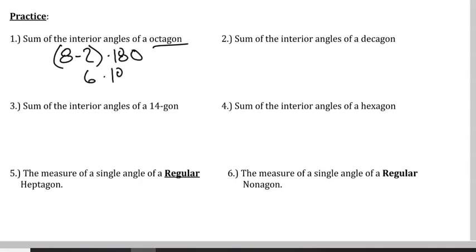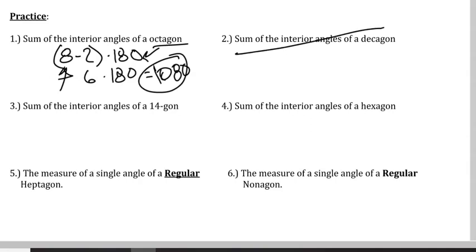That's 6 times 180, and that gives me 1080, but let me check on my calculator. 6 times 180 is 1080. So that means all of the angles together are going to give me 1080. All right. Remember, how does this work? That tells me how many triangles would be in there, and each triangle is 180 degrees.